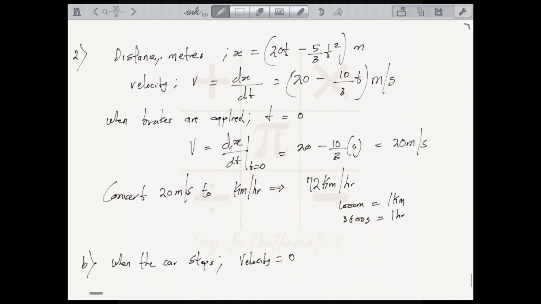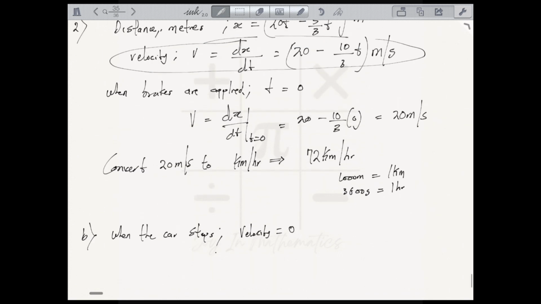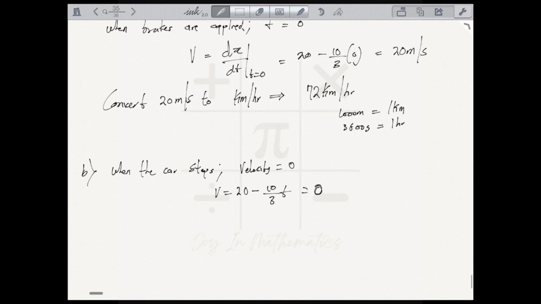Therefore, we will recall from our equation for velocity that v equals 20 minus 10 over 3 t, which is equivalent to 0 when the car is no longer in motion. So with this, we can evaluate our value of t. t will be equal to 20 times 3 divided by 10, and that is 6 seconds.